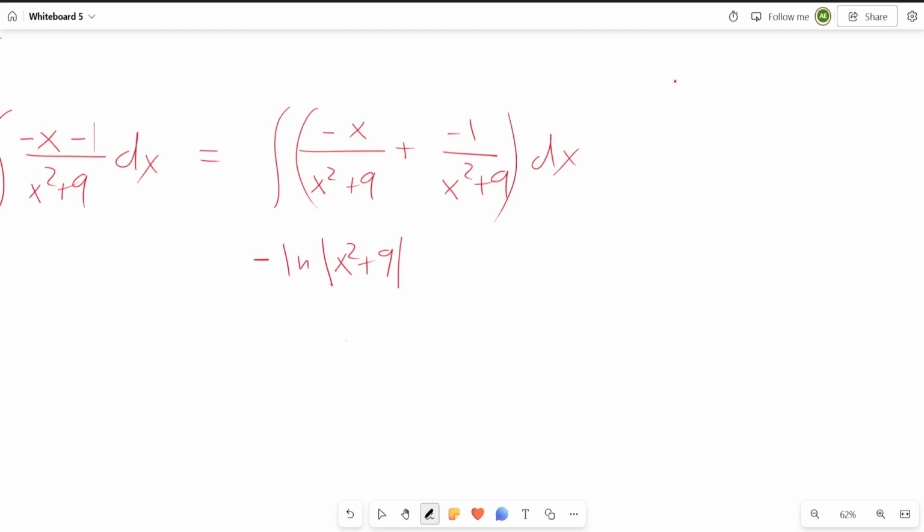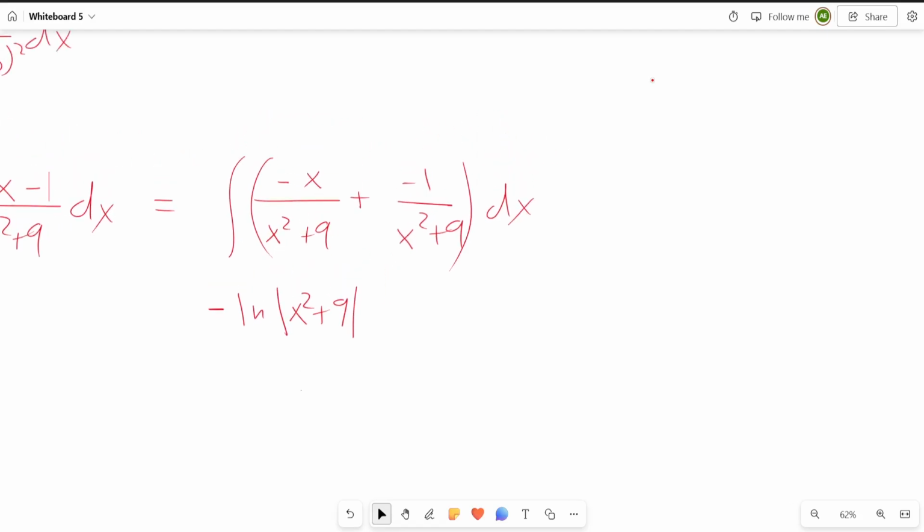So I have a rule, which actually uses trigonometric substitutions, which we will have a look at in a future video. However, for now, it tells me that the integration of 1 over x squared plus a squared is equal to 1 over a times tan inverse of x over a.